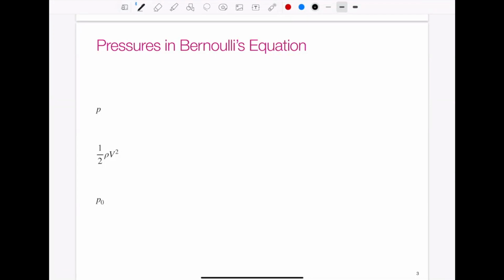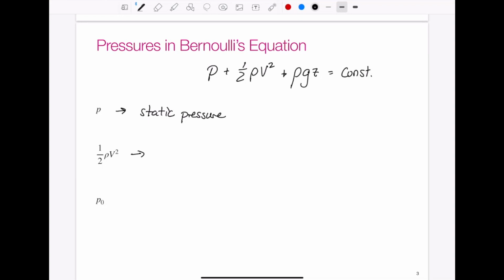So let's write down the form of Bernoulli's equation again that will be helpful for us, written in terms of our pressures. We have P plus 1/2 rho V squared plus rho g Z is equal to some constant. So we said P is our static pressure. This term, who remembers what it is called?